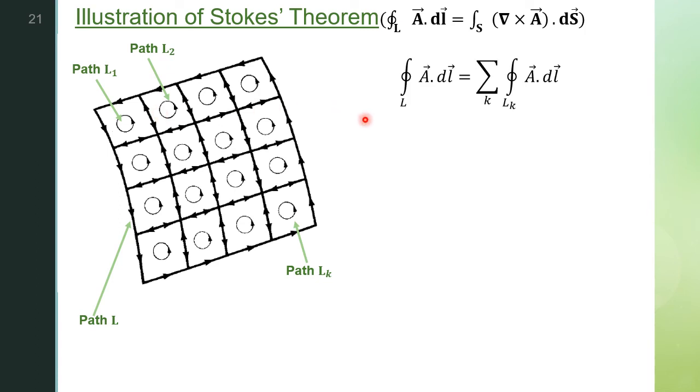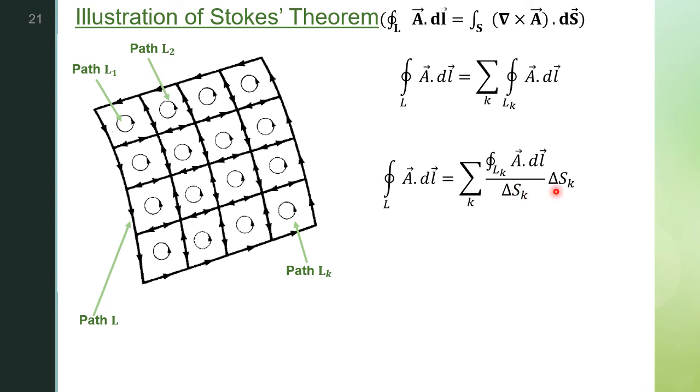So the closed integral of A dot dl can be expressed as the summation over k of the integral of A dot dl over the k-th path. So we take the integral of A dot dl over each path from L1 to Lk. We multiply and divide by the area along each path, that is, by delta sk.